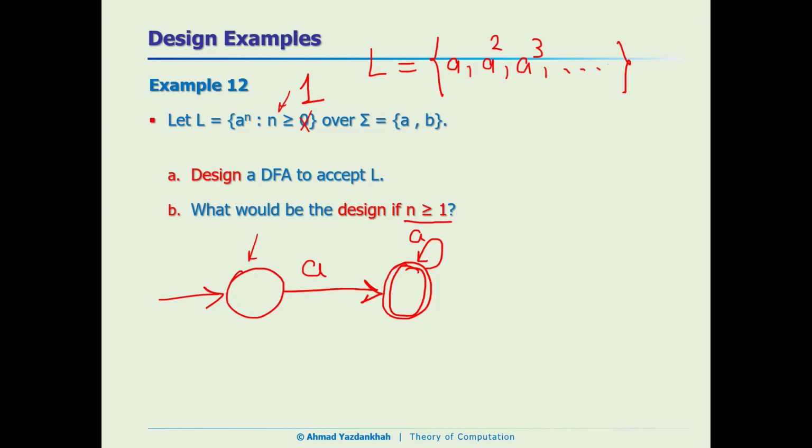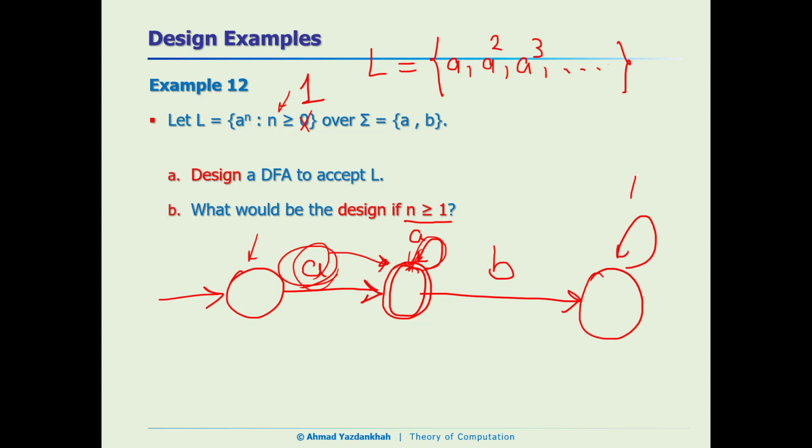At least we need one A. We just use this A to move to this state. So any number of A's will loop here and it starts from 1 A, right? Okay, we still need a trap. Yeah, the same way. If we have a B here, we create a trap here.